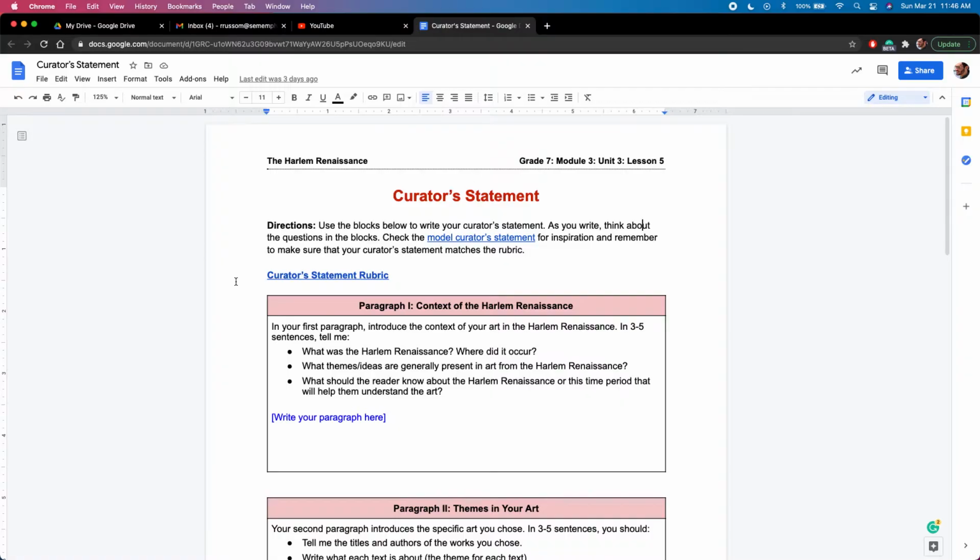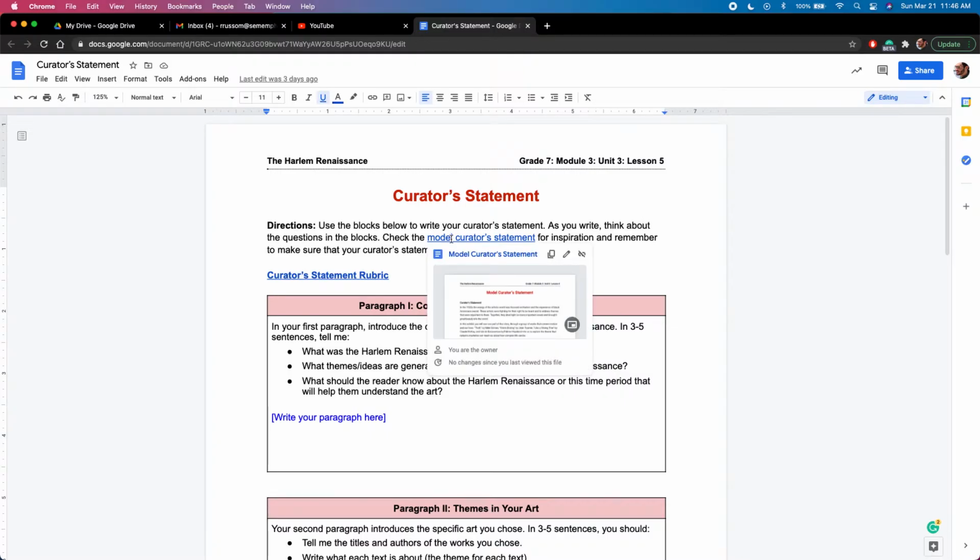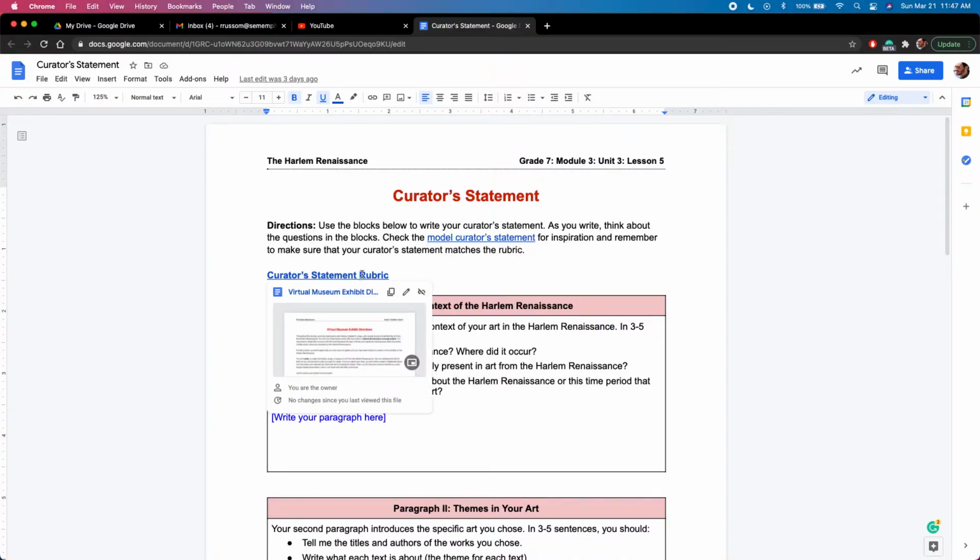All right, so in your curator statement right here, there's a couple links up at the top that you should have open. The first is the model curator statement, which is an example of an effective project. If you're looking for how to word certain things or the type of language or the tone to use in your project, this is the place to go. Second is the project description along with the rubric.